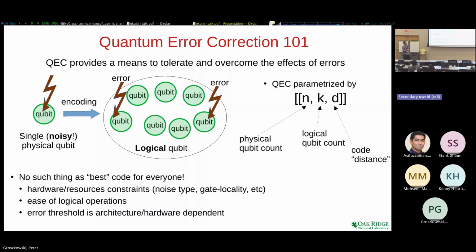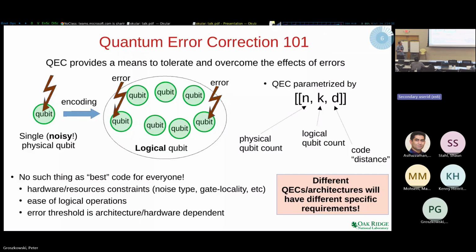One example of this is if you consider superconducting circuits, and you think about what Alice and Bob is doing versus what, let's say, IBM or IQM are doing, even though it's still superconducting circuits, the hardware is susceptible to very different types of noise. So the error correcting codes that they will utilize will be very different. Therefore, the underlying architecture will also be different. So that's the punchline. Different architectures and quantum error correction codes will have different specific requirements.